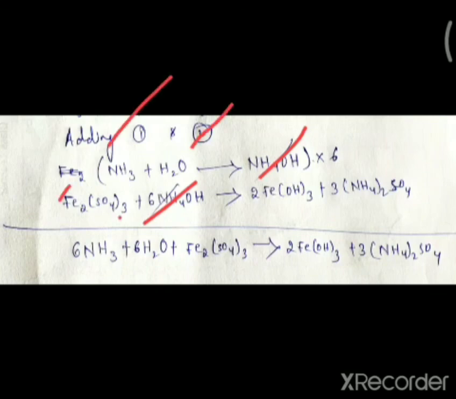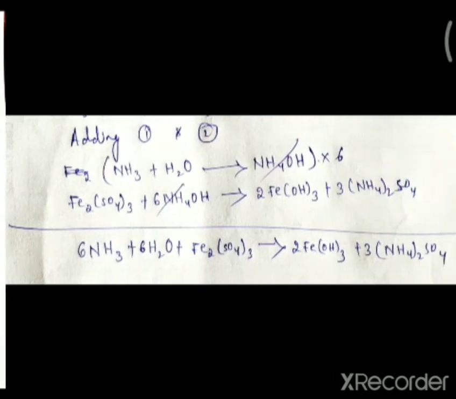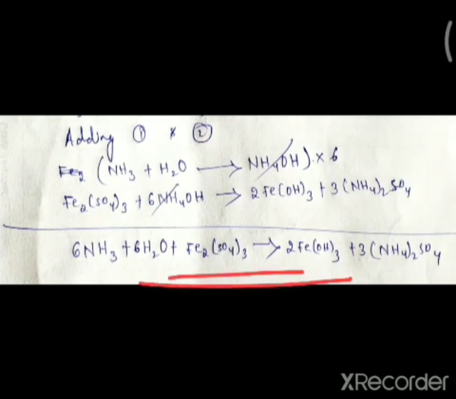You will write 6 NH3, 6 H2O plus Fe2(SO4)3. Then in the product side, 2 Fe(OH)3 and 3 (NH4)2SO4. So this is your final balanced equation, okay.